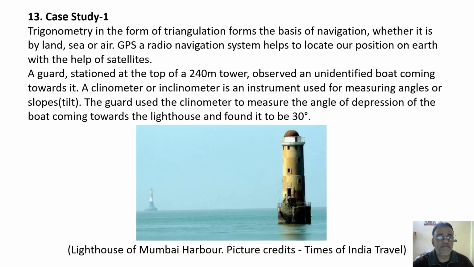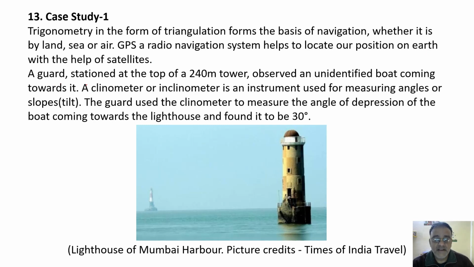Case study first. Trigonometry in the form of a triangulation forms the basis of navigation, whether it is by land, sea or air. GPS, a radio navigation system, helps to locate our position on Earth with the help of satellites.